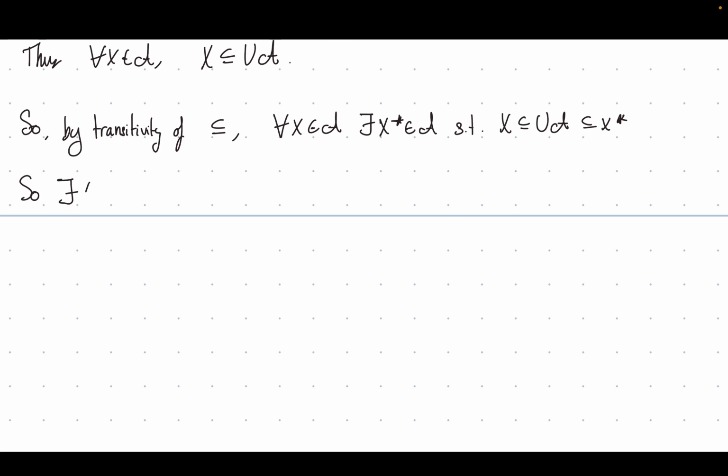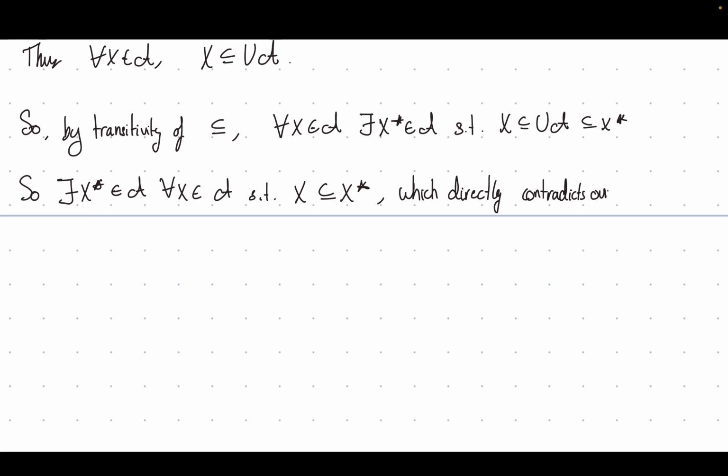So there exists some x star in script A such that for all x in script A, x is a subset of x star, which directly contradicts our assumption.